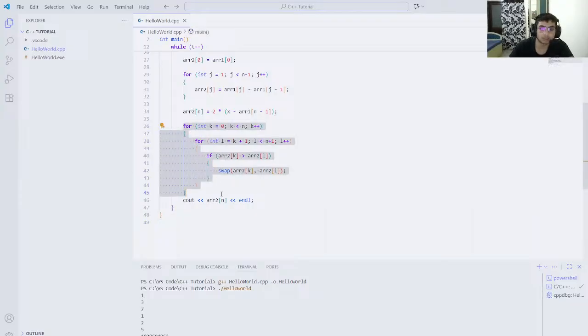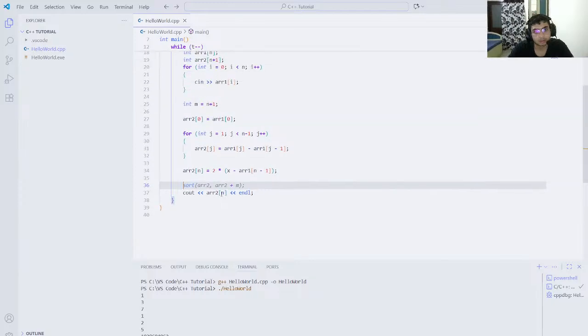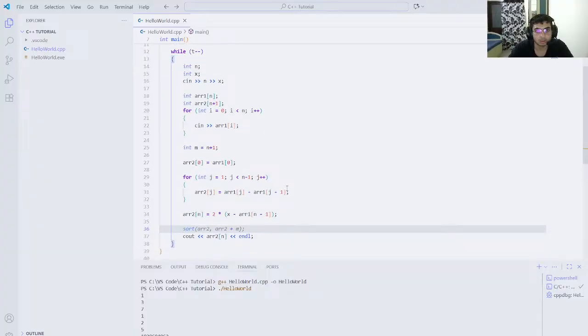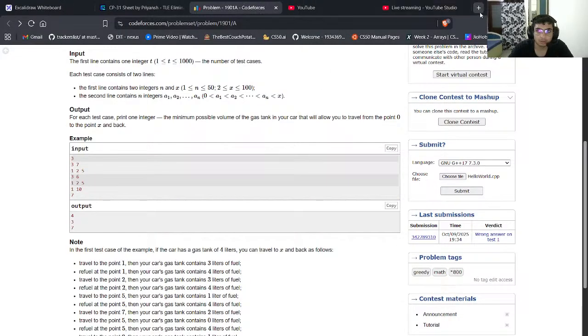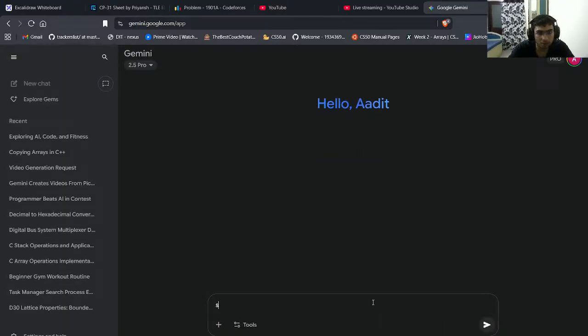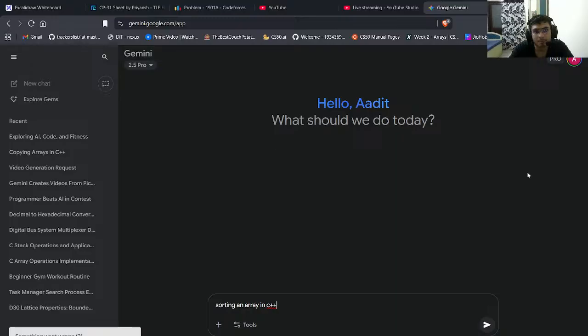Let's just try to do it some other way, because all I need to do is just sort it, because I don't know what is going wrong. Sorting an array in C++.